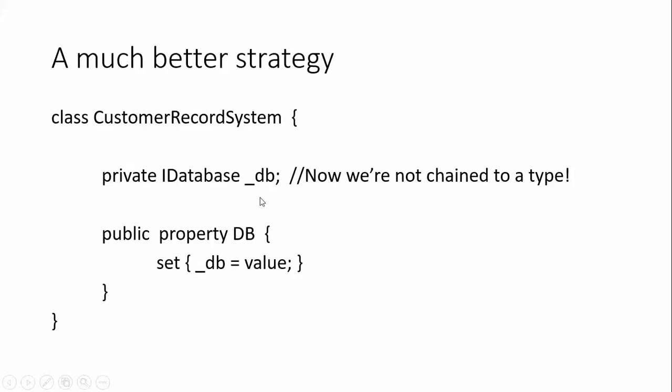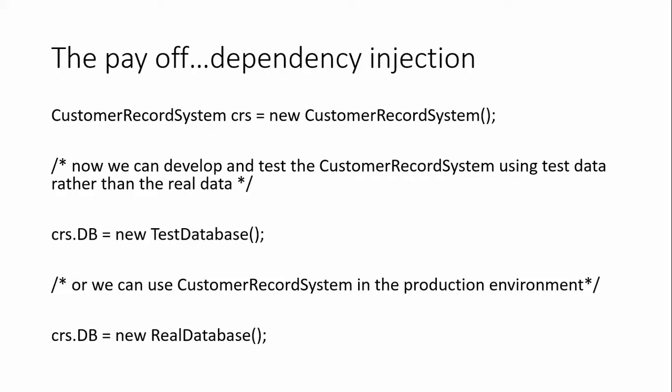So we can set our database. Or somebody else can set our database to be a particular object that implements the iDatabase interface. Somebody else external to us will set the customer record system's database to be any database type that implements that interface.